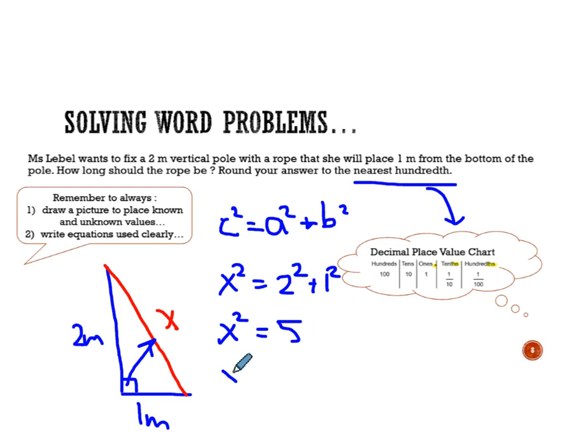And then to get rid of the square, you take the square root on both sides. And remember, when you take the square root here, it's going to give you plus or minus. Can we have a minus rope? So it's not possible here. So we're still going to write it, but we're going to write the negative and not possible. So my answer is equal to the square root of 5.